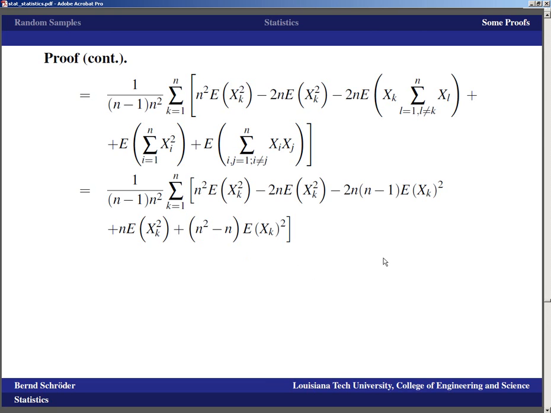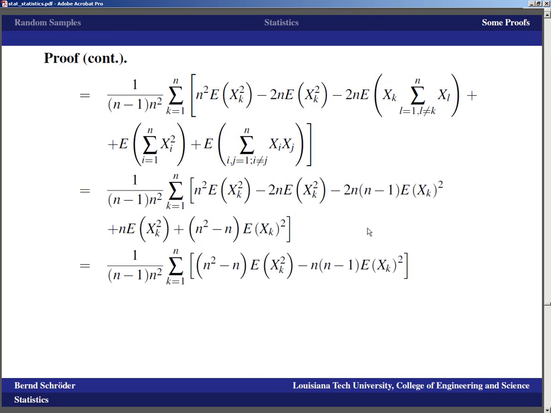Okay, and now it's algebra because I've got a bunch of E of X_k's and a bunch of E of X_k squareds. So I simply sort that. Keep the factor out front, keep the summation. E of X_k squared occurs with an n squared, and it occurs with a minus 2n and a plus n. So minus 2n plus n gives us minus n, so that's this one here, and that takes care of all the E of X_k squared.